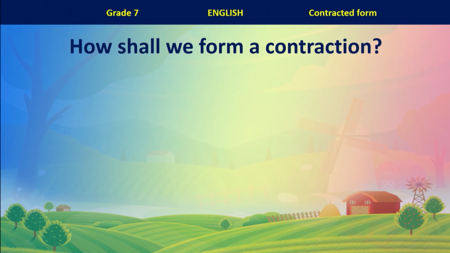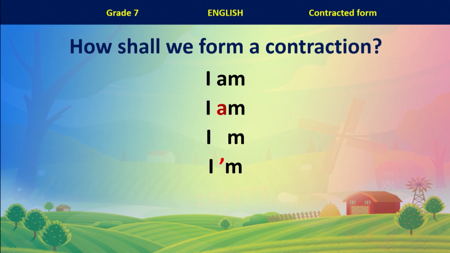Let's see how we form a contraction. There are two words, I am. First we select the letter that we are going to remove. It is given in red, A. So I removed it and then replaced it with an apostrophe. Now we have created the shortened form. It's so easy.